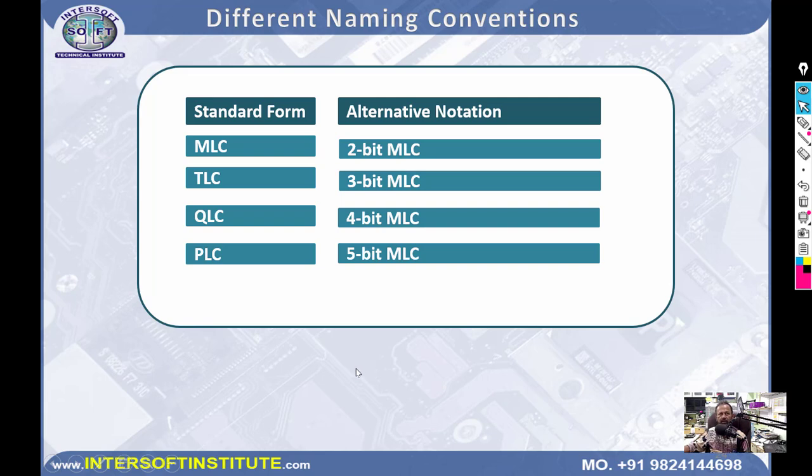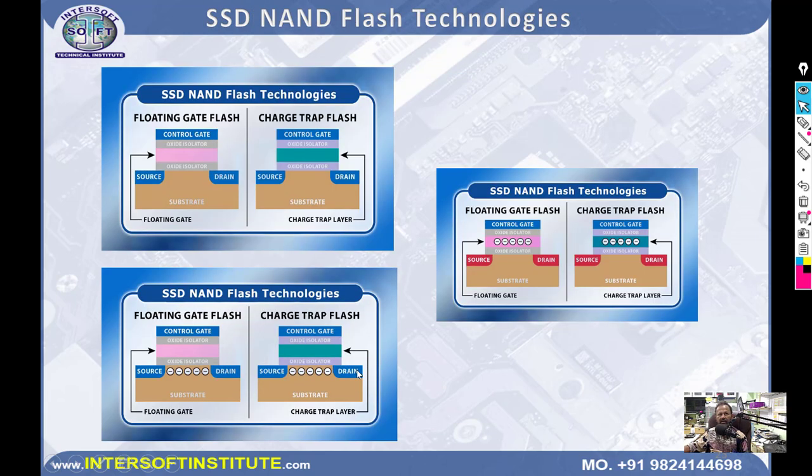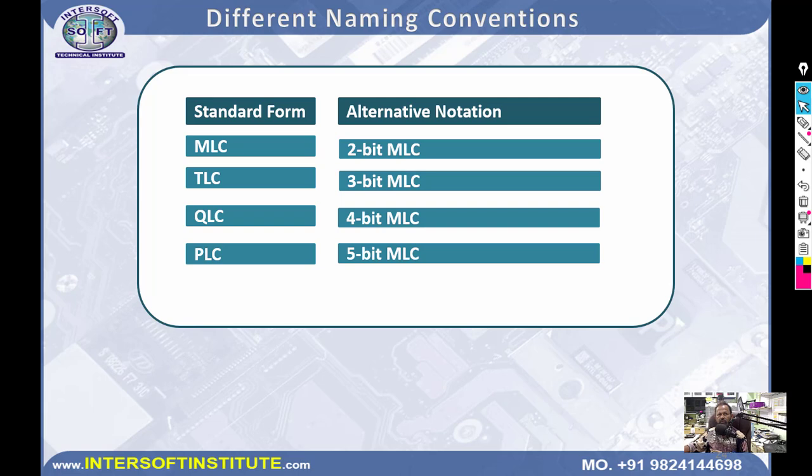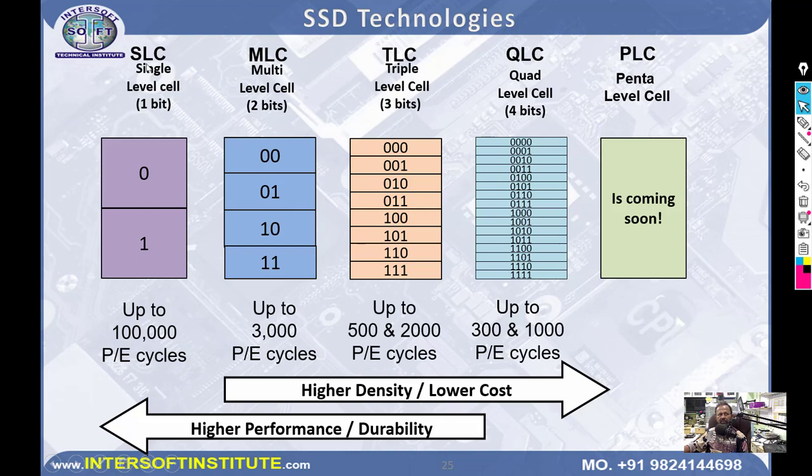Now NVMe naming conventions. There are types of storage: SLC, MLC, TLC, QLC. SLC is a single level cell, only one bit is stored at a time. Multi-level means 2 bits, and triple is 3 bits, that combination is up to here, and quad is 4 bits, and now penta level cells are also coming in storage.